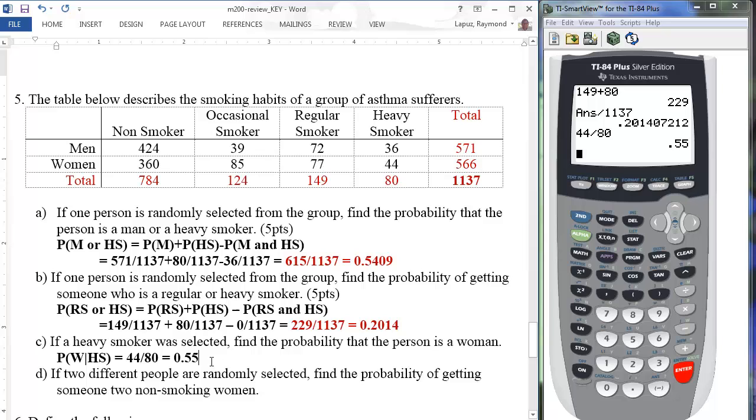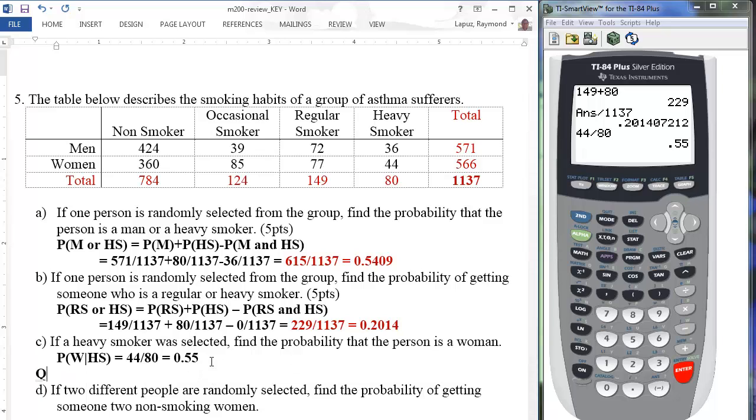Now another way to do this, if we want to find this probability, is a formula similar to this one: the probability that we select a woman and a heavy smoker, divided by the probability that we select a heavy smoker.